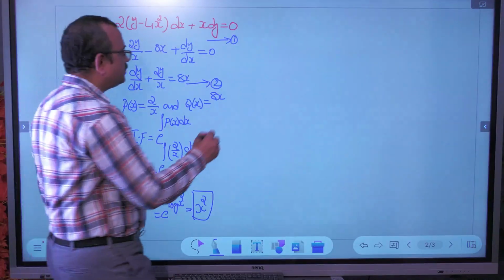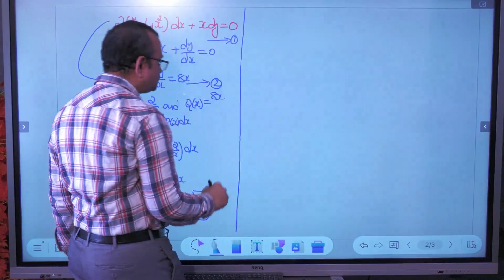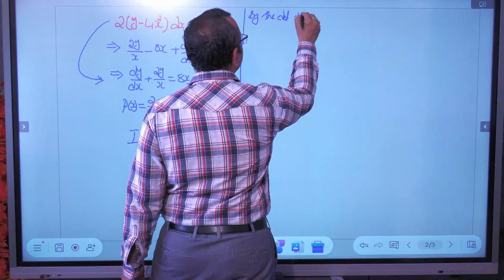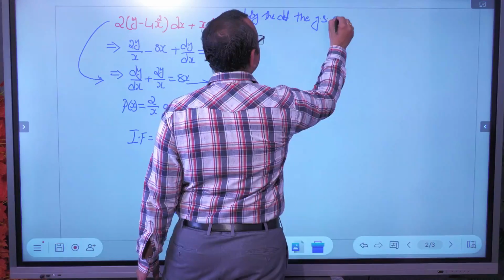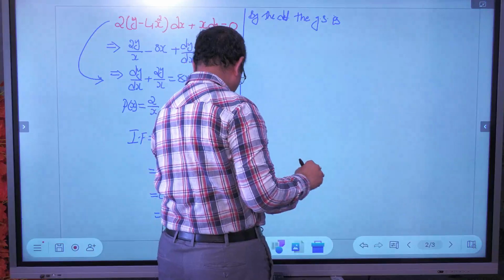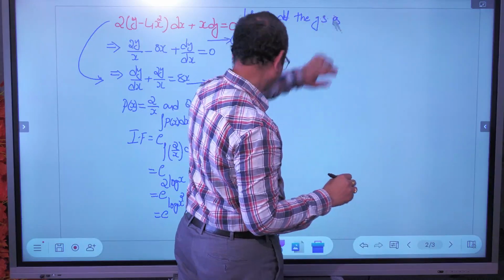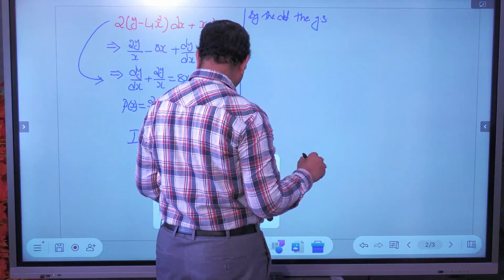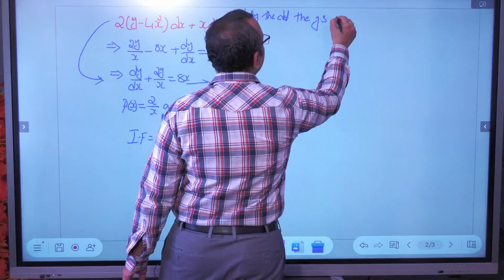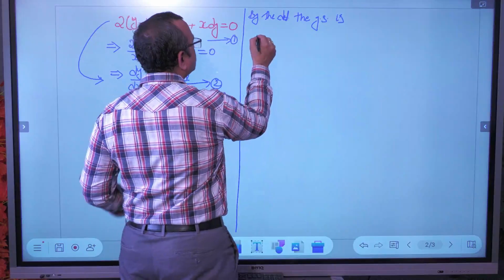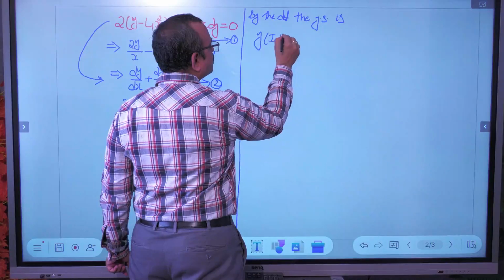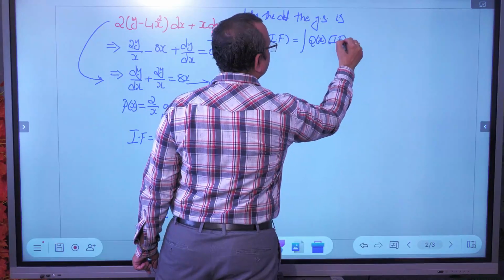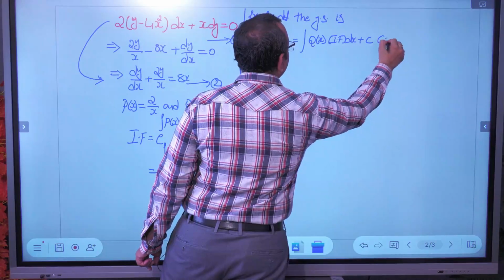Now as per the definition, the general solution is given as: we know that y into integrating factor is equal to integral of q(x) into integrating factor dx plus c, where c is an arbitrary constant.